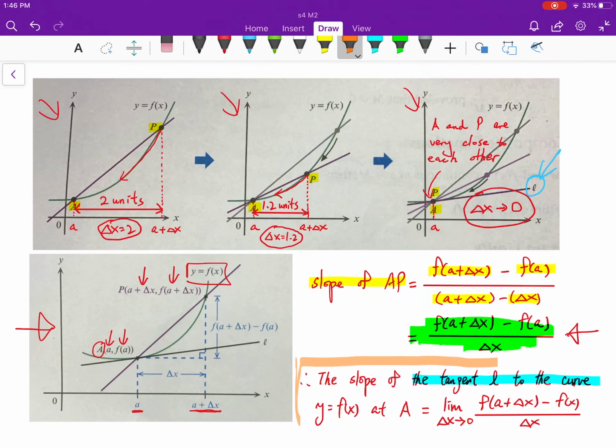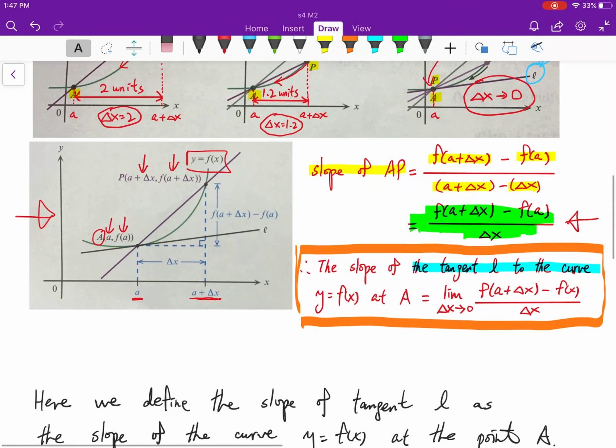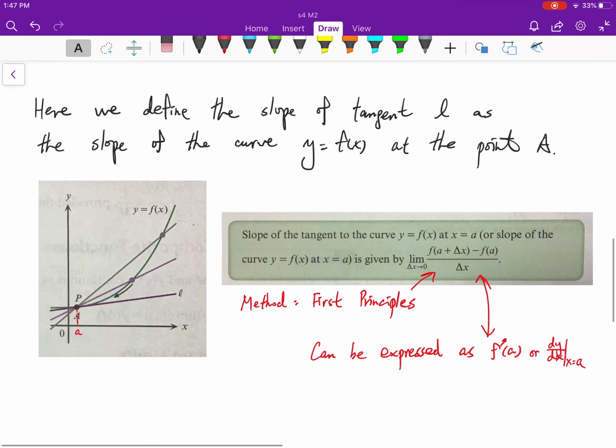In the third case, delta x tends to 0, so the slope of the tangent L to the curve is the slope when delta x tends to 0, this limit.